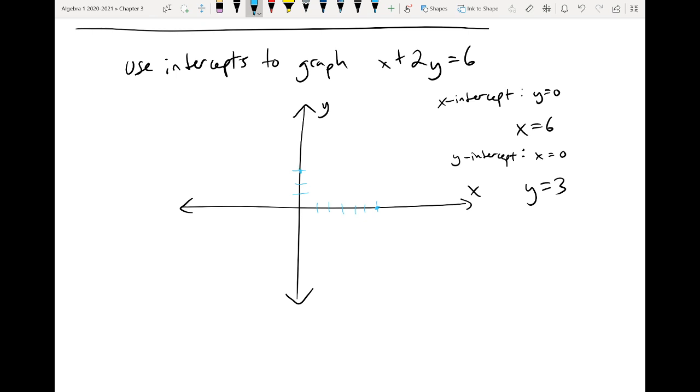And I've got 2 points, one on the y-axis, one on the x-axis, and all I have to do is connect the dots. Now you see my line kind of sucks there. It's not very straight, so do your best. Use a straight edge if you'd like, but you don't have to. As long as your line's not too wonky, I can live with it. And there it is. That's how we graph using intercepts. It's actually a pretty fun and straightforward process.